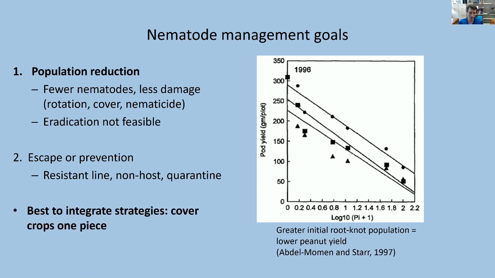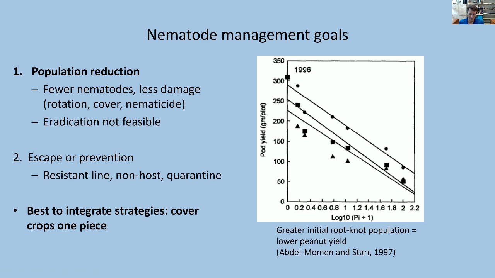One of the reasons I bring up these different strategies is that with nematode management, it's best to try to integrate your different strategies. Cover crops may be one piece of it, but it's important to know that you have other options as well.